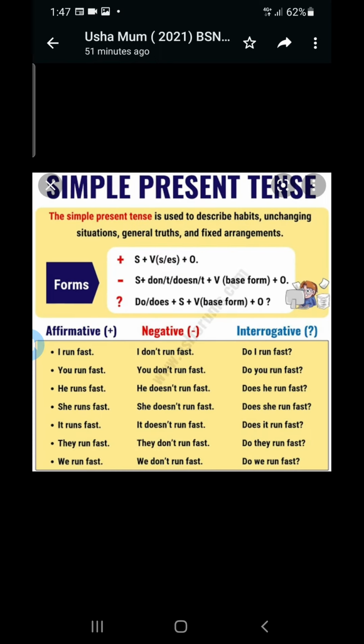These 4 types are very important to us in grammar, because while speaking, we use these 4 types. Sometimes we give a positive answer to others, sometimes we give a negative answer.